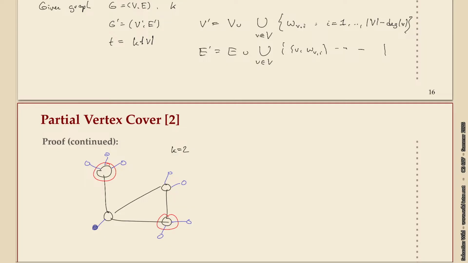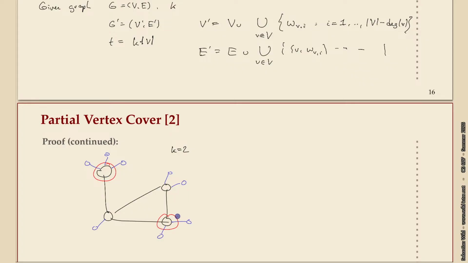Okay. The choice of our threshold for how many edges we're supposed to cover is chosen so that we have to cover with every vertex that we pick exactly the number of vertices in the original graph many edges. And you see that this is only possible if you pick what was an independent set in the original graph.